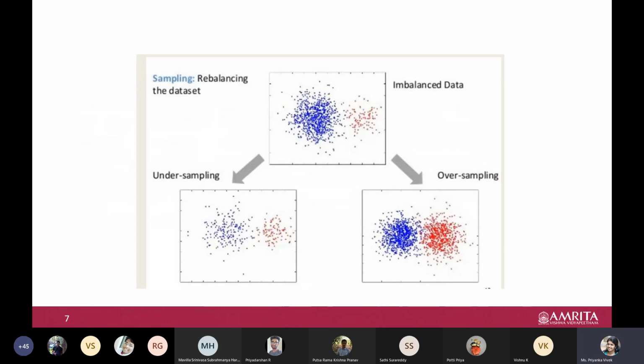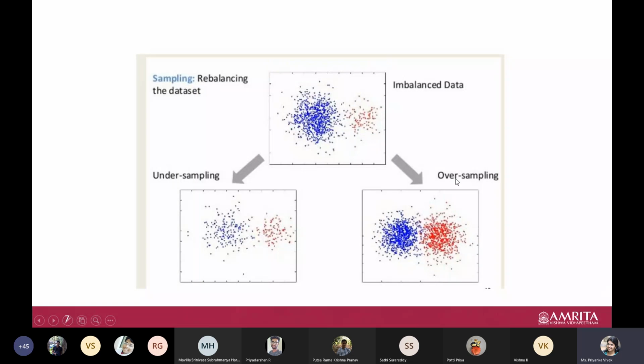This is what we were talking about. In the first figure, the majority class is blue and the minority class is red. So there is an imbalance in the data. You can see a lot of blue points but very few red points. So what is done?